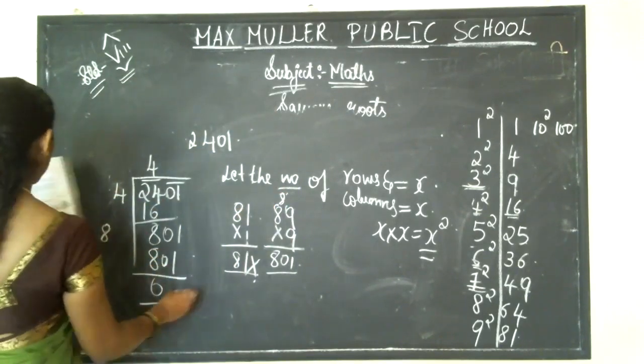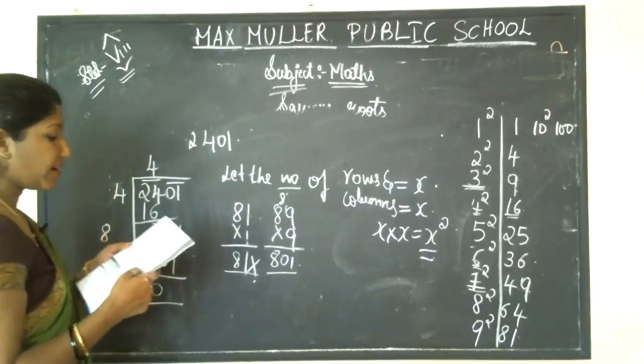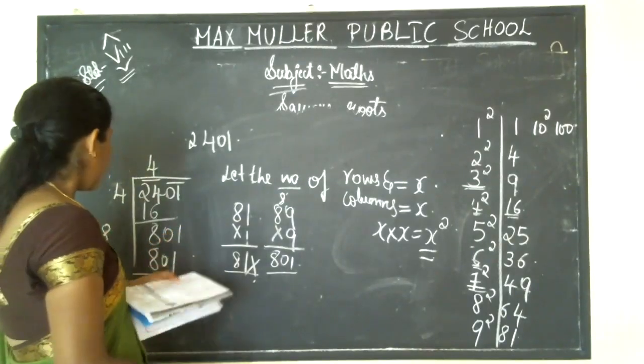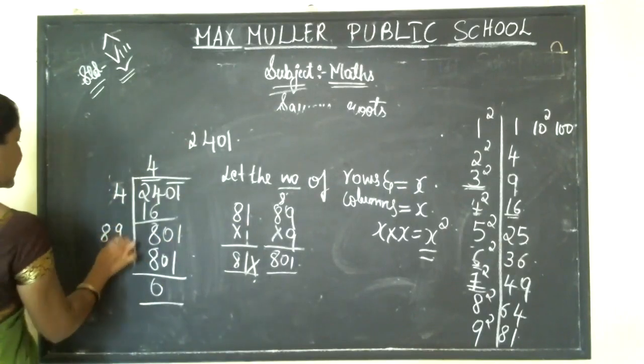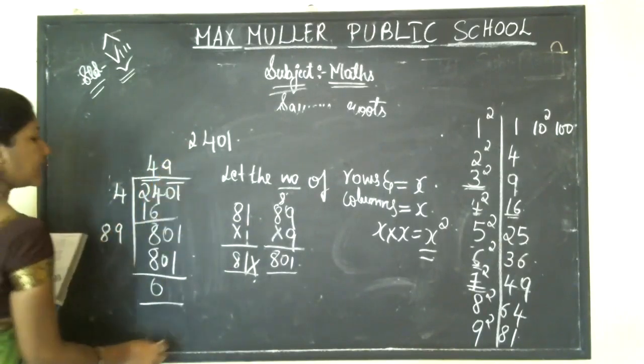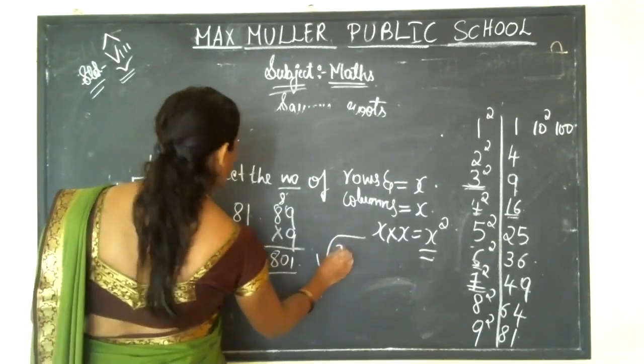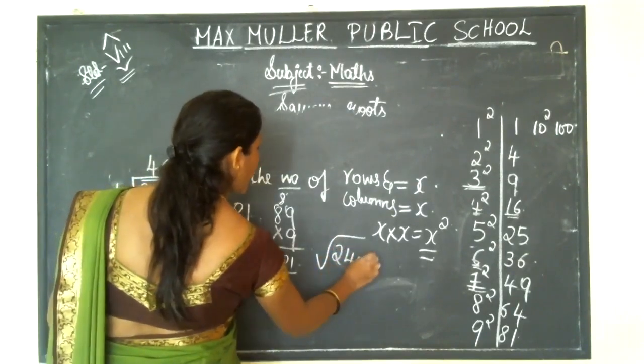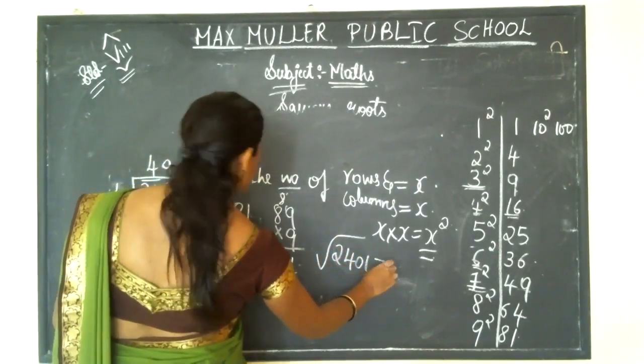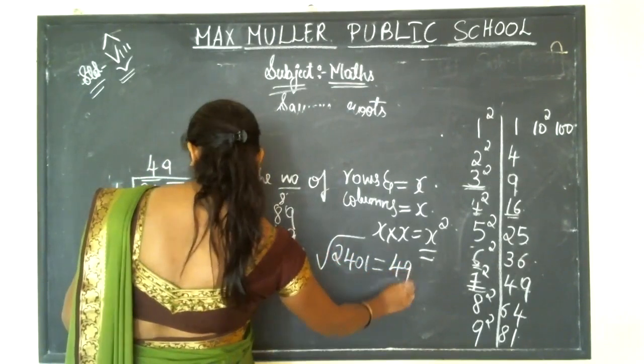The remainder is 0. So finally you write 9 into 9, and the square root of 2401 is equal to 49.